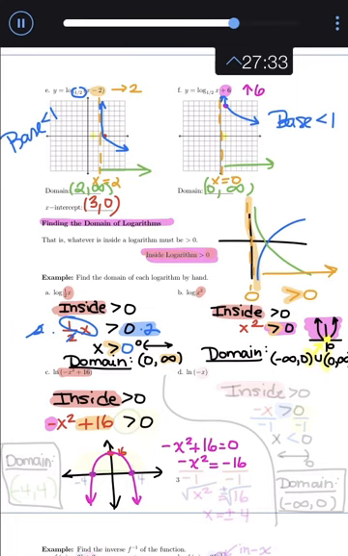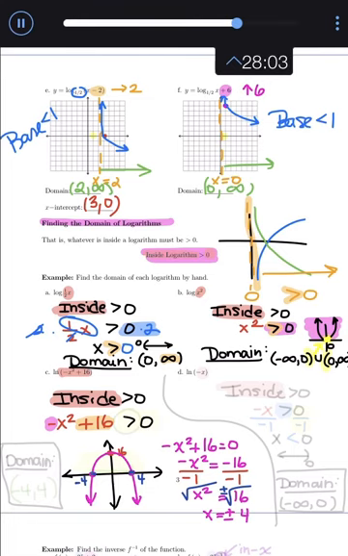Now don't worry about the negatives because we can just divide both sides by a negative 1, which will give me that x squared equals 16. But remember, to solve this, I need to take the square root of both sides. Don't forget your plus or minus symbol, which gives us that x equals plus or minus 4 is when we're going to cross the x-axis here at negative 4 and positive 4. Those are those two values.